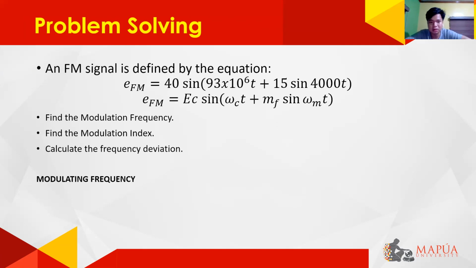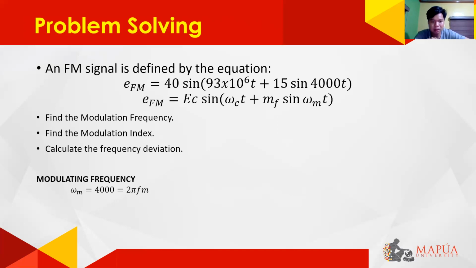Okay, so first we find the modulating frequency. As we recall, our omega_m is 4000, as we can see in the equation. It is also equal to 2 pi f_m.